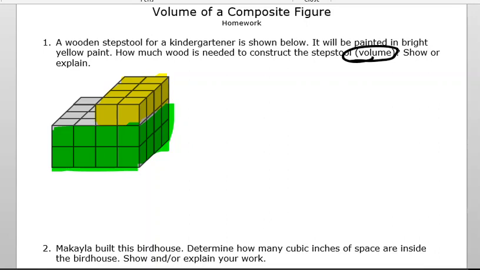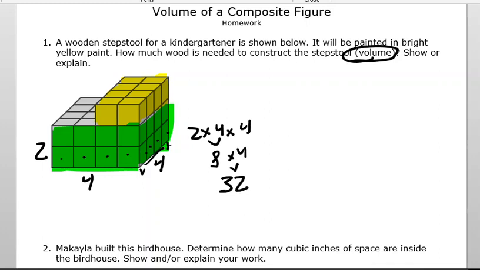Show or explain. Okay, so in this case, I have 2 by 4 by 4. I'm going to go 2 times 4 times 4, which gives me 8 times 4, which is 32 units cubed.